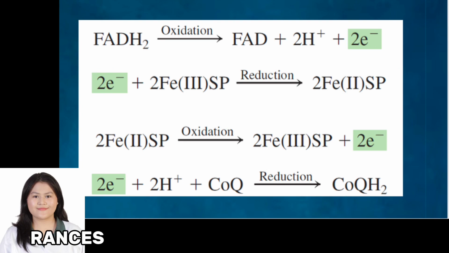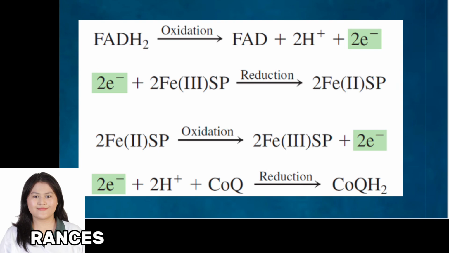But in figure 23.13b, individual reaction details are shown. Note the general pattern that is developing for the electron carriers: they are reduced by accepting electrons in one step and then regenerated, or oxidized, by losing electrons in the next step, so that they can again participate in electron transport chain reactions.